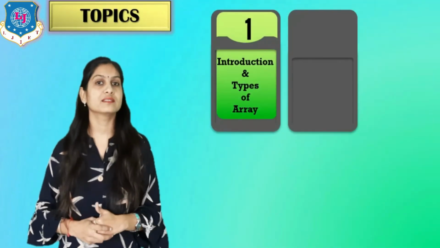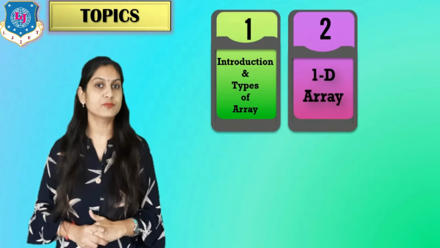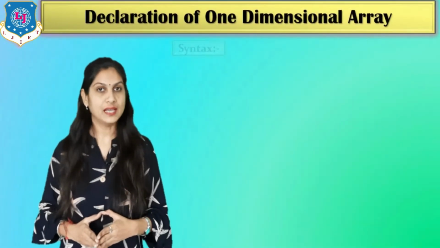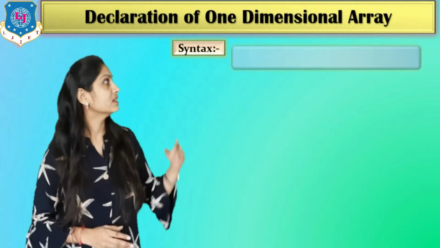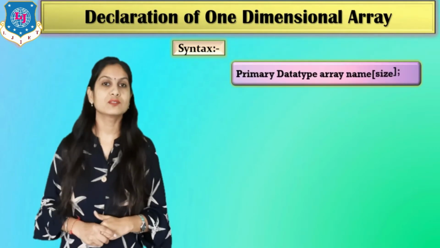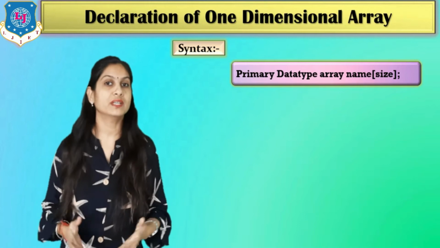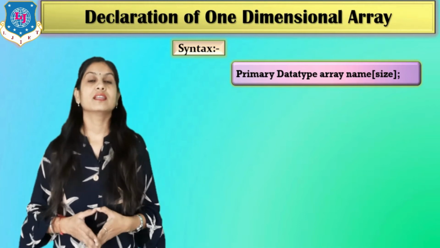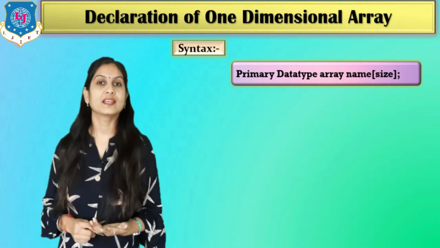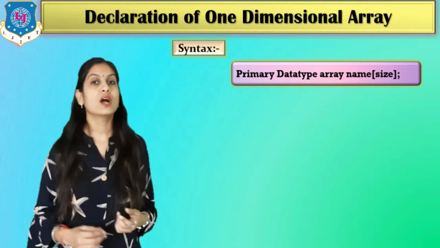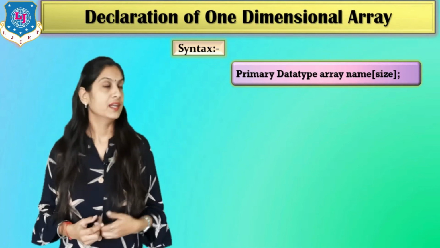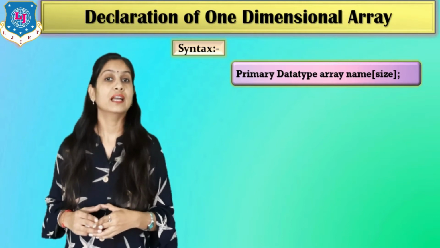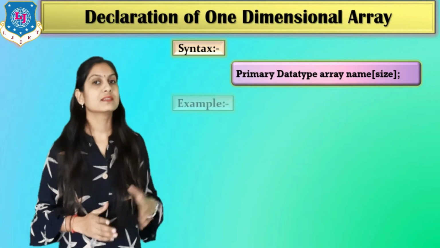Now let's understand in detail the types of array, and the first type is one-dimensional array. Now the syntax for a one-dimensional array is what? First you have to write the primary data types that are already discussed in our previous theory, that is integer, float, character, like that. And then you have to give the name of array, and then in a square bracket we have to write the size as an integer only, and then semicolon.